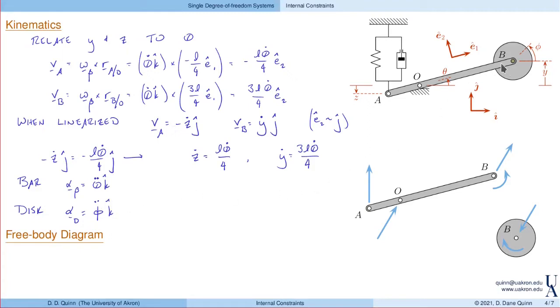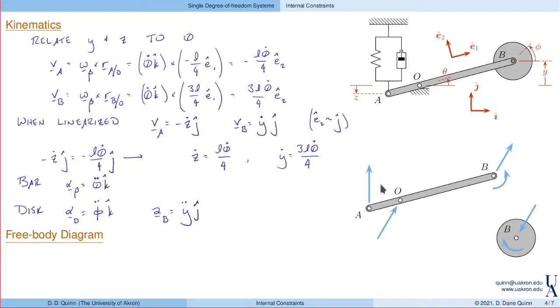In addition, finally, the acceleration of the center of the disk, which is the acceleration of B, is y double dot in the j direction. We could also calculate the acceleration of the center of mass of the bar, but it turns out we're going to take moments about this pin joint, and that equation will decouple, as we'll see later. Now let's go and look at the free body diagram.